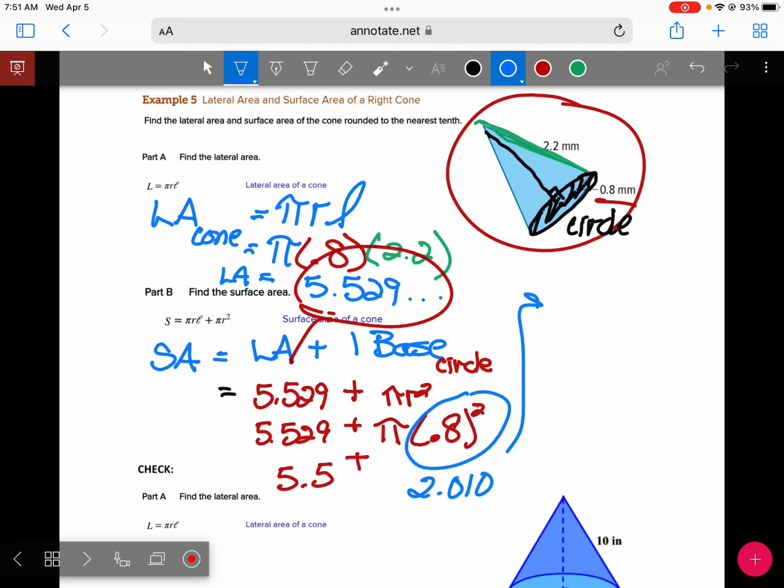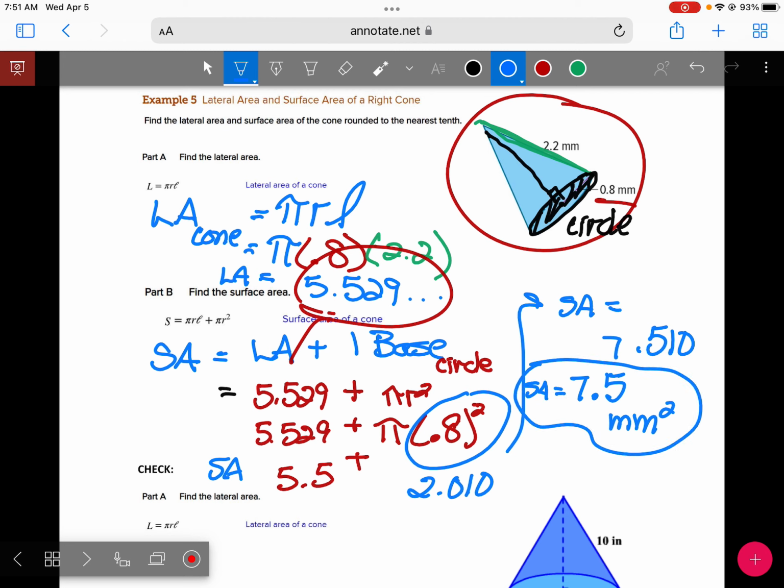So adding those two together, surface area is 7.510. Is that kind of what you said? Yeah. 7.5 millimeters squared.